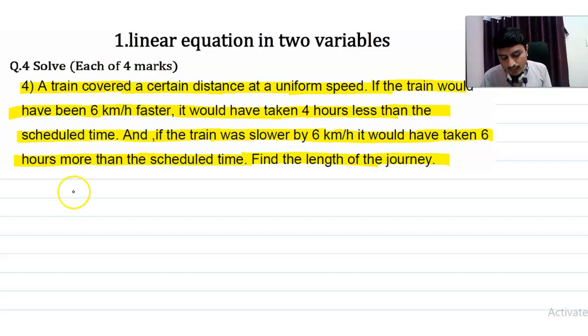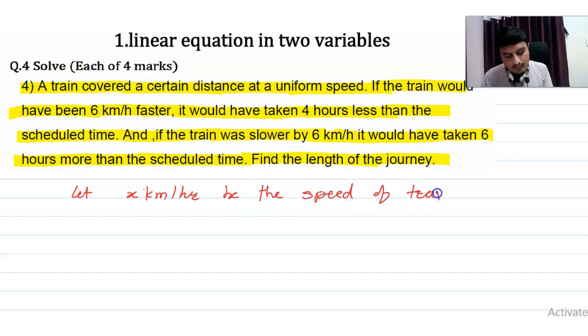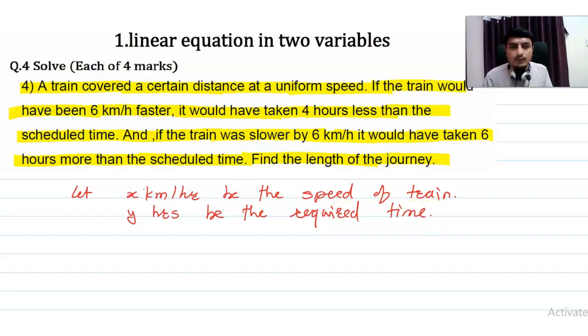Supposed to be, we are assuming let x kilometer per hour be the speed of the train, and we are assuming y hours be the required time to cover the distance. So we have the formula: distance equals speed into time.